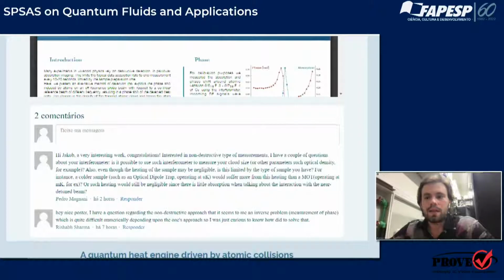I use analog devices, electronic devices to analyze the signal. So I don't reconstruct the phase from the signal directly from the photodiode, but I use IQ demodulators to demodulate the signal. So from the interferometer, as you can see in the scheme, there are two arms.